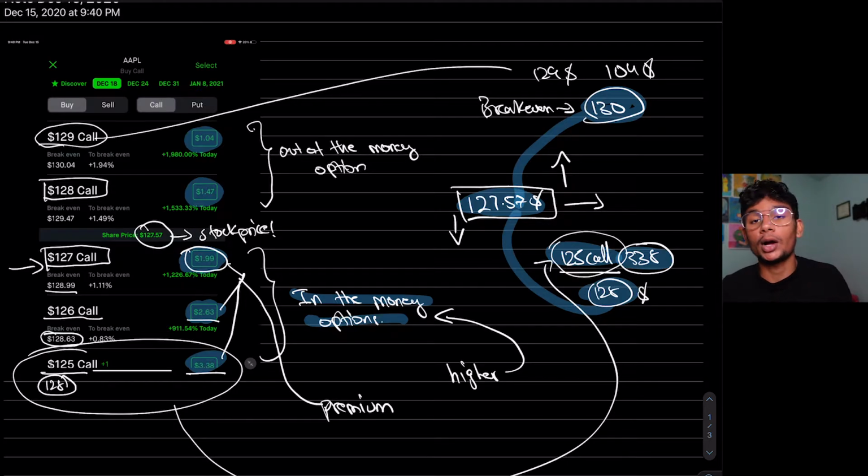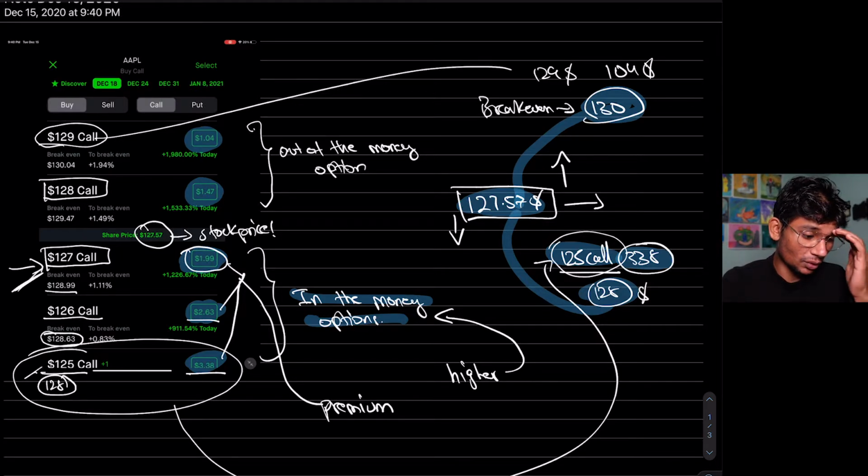So that is why in the money options are a little bit more expensive than the out of the money options. However, almost 90% of the people will go for out of the money options, because if you know that there's a bull flag, or if the Apple stock is having a catalyst or some kind of great news that will propel it forward, you're not going to want to buy this or this call option because it'll be more expensive in the future.